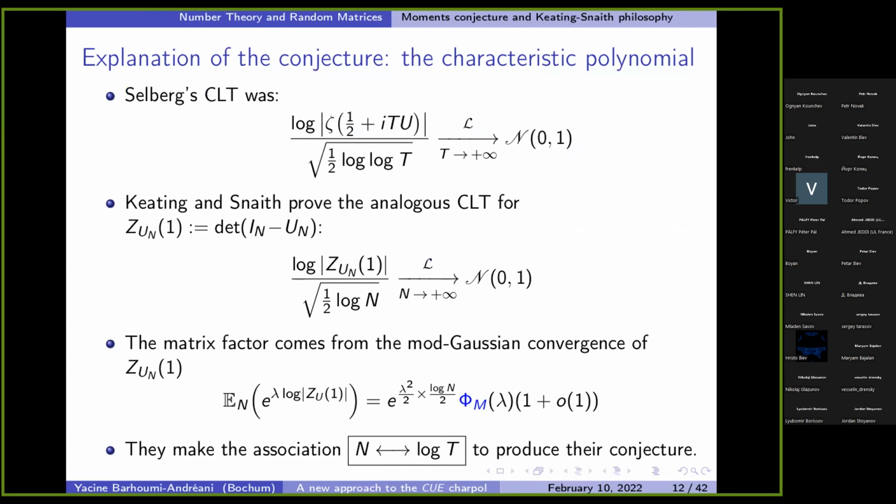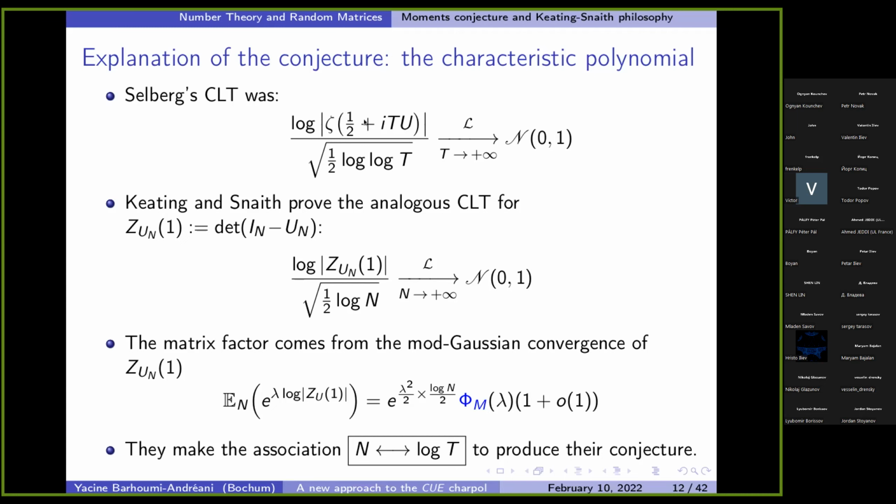If you remember the Selberg central limit theorem, the question is: is there something that looks like the zeta function that would satisfy the same theorem? And if you remember the Montgomery-Dyson correspondence, if the zeros of the zeta function look like the zeros of a random unitary matrix, then the product over the zeros, namely the characteristic polynomial, should look like the zeta function. So the characteristic polynomial is a toy model for the zeta function.